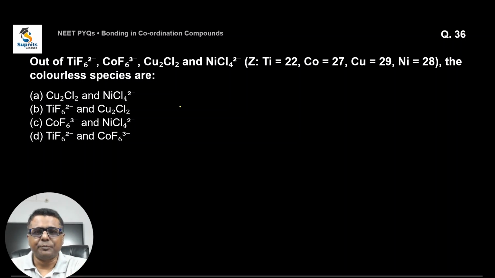Now let us find this out. We have to find out the colored species. I don't have the values of CFSE over here. Then what do I have with me?